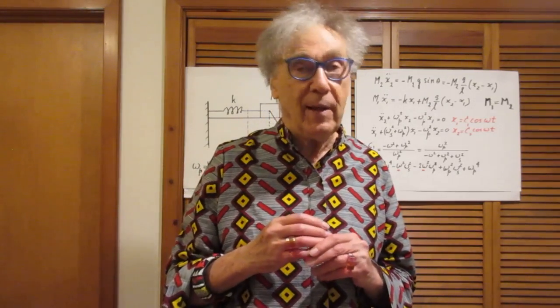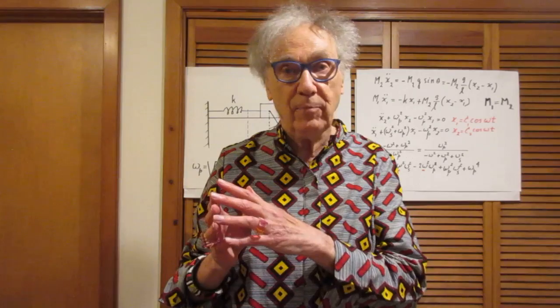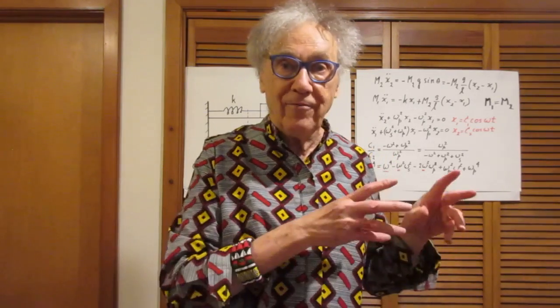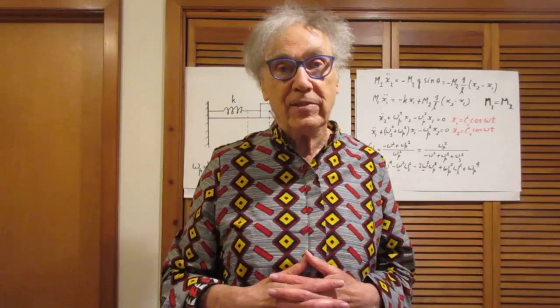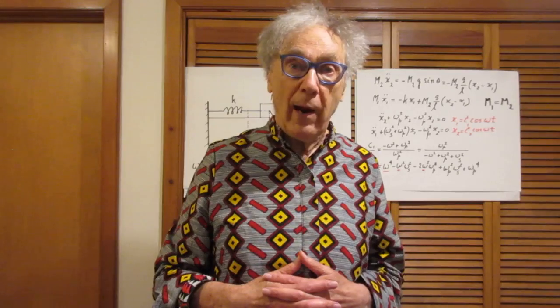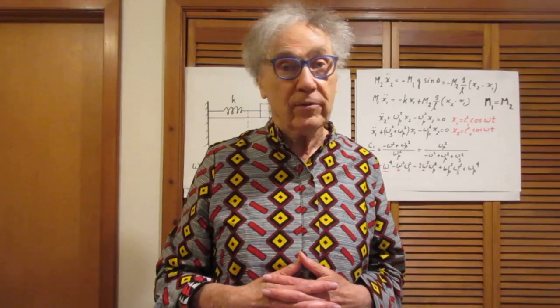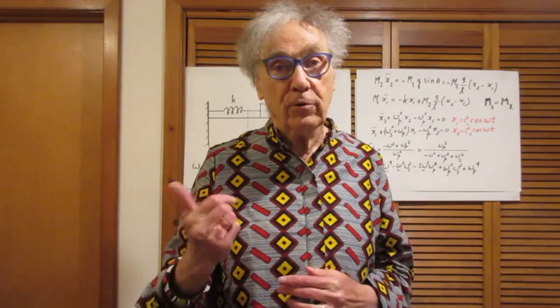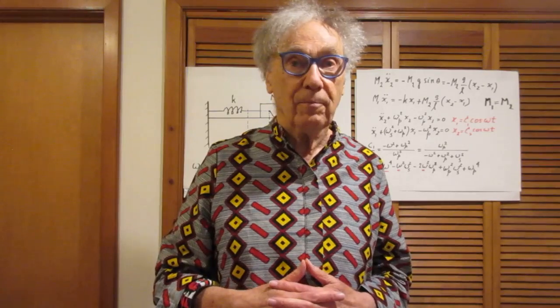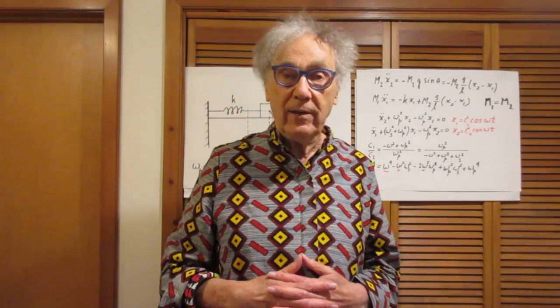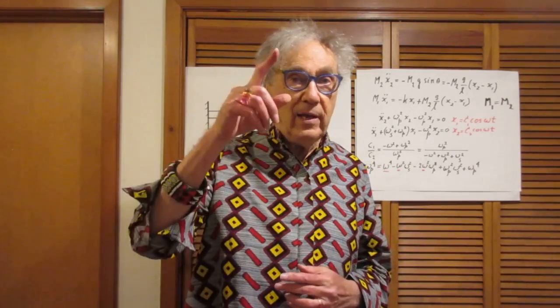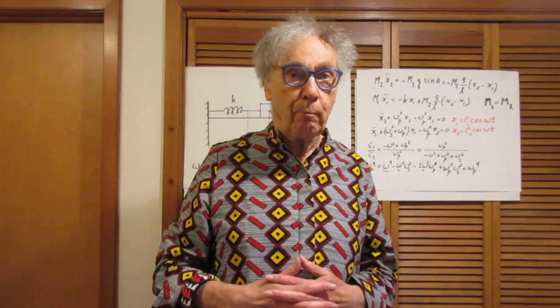If they're in phase, they both go to the right at the same time and to the left at the same time. Then there is another resonance frequency where they also come to a halt at the same time, but if one goes to the right, the other goes to the left. And I want to demonstrate that using a double pendulum.